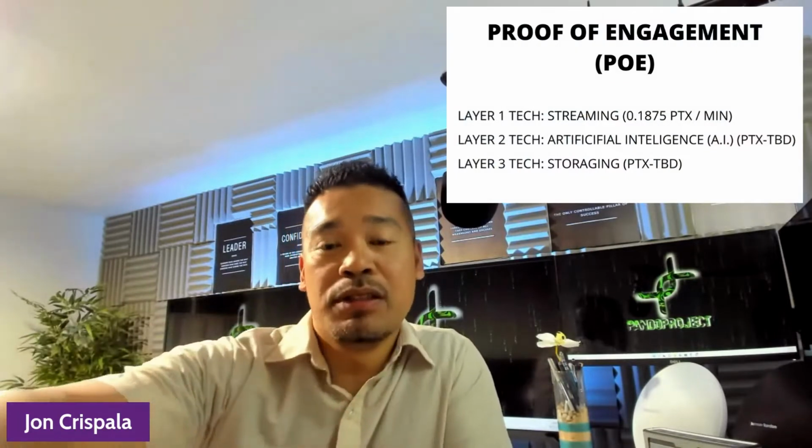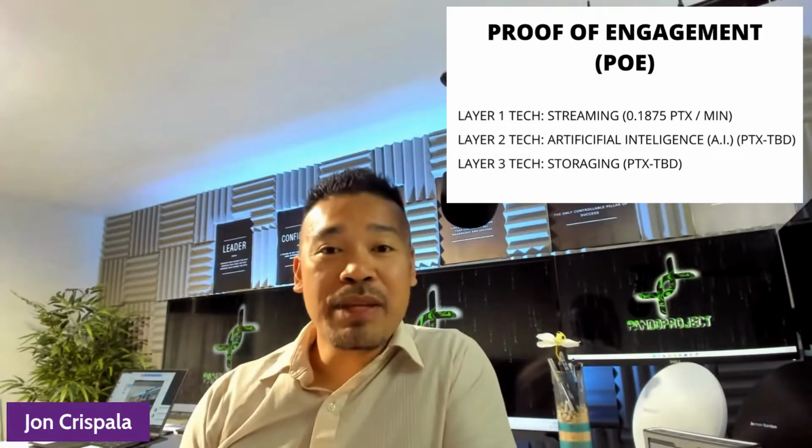And that was a light bulb moment, right? He was saying that if we were to build on top of that, like having AI technology, which we are actually going into, by the way, we're going to be working on decentralizing AI. That would be another layer of technology on top of the streaming.